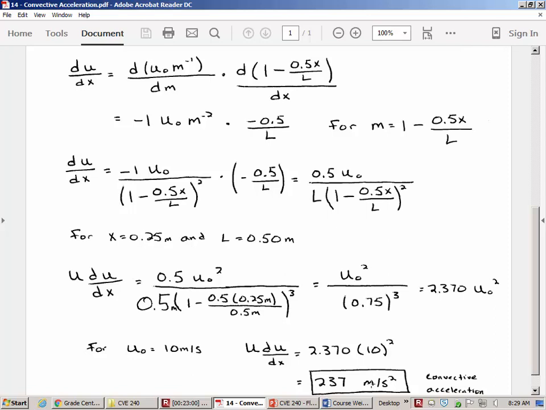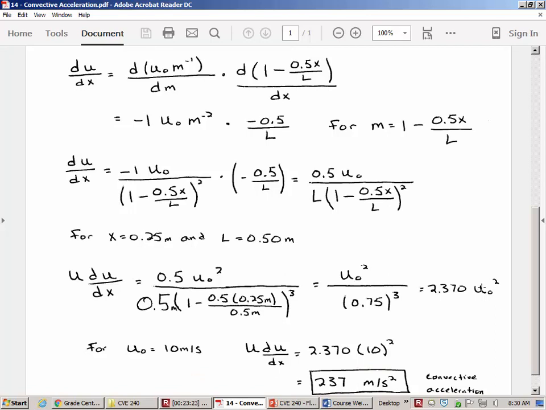And for some students that can be a little confusing: if we're talking all about change in position, why is there seconds in the units that describe acceleration? But that's just because we're talking about velocity changes, and the rate of a velocity change is always going to have units of meters per second squared, even if it's convective acceleration.